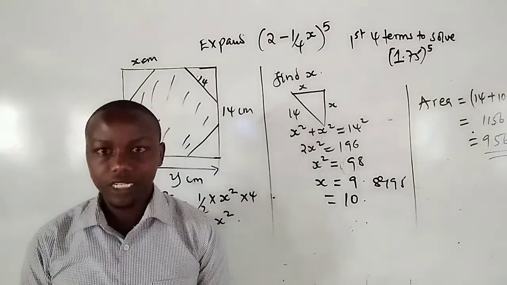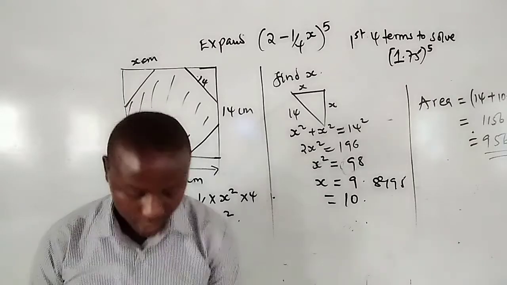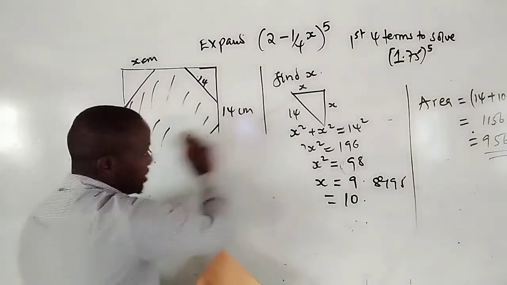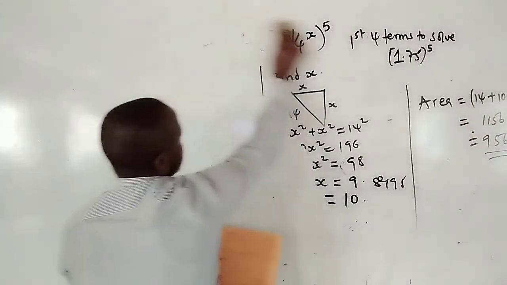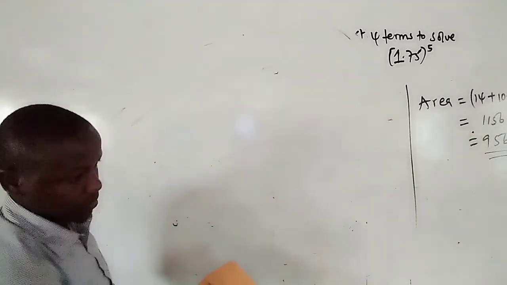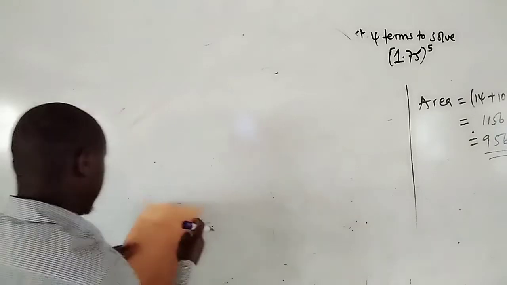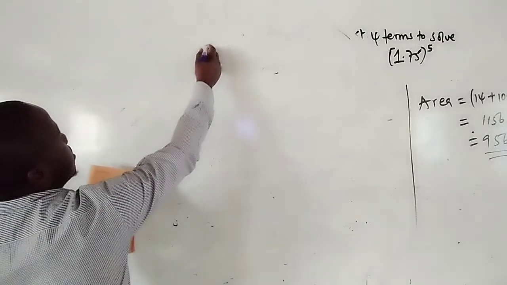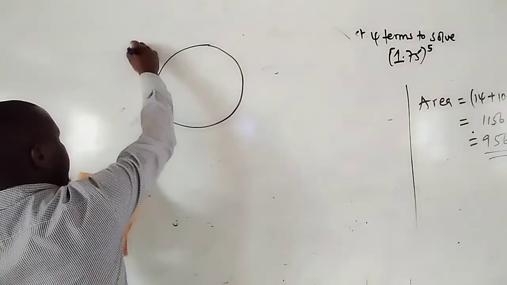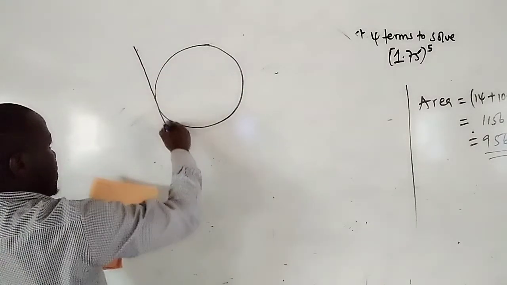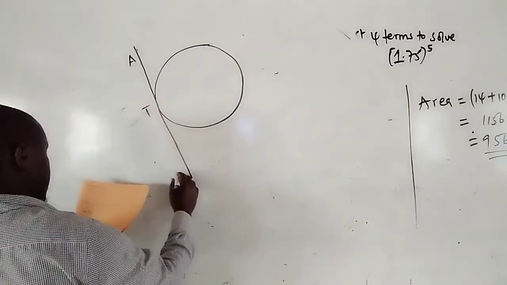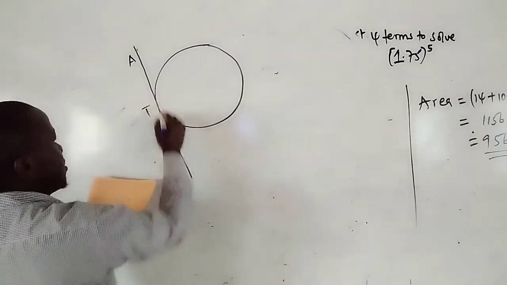The other question, number 15, is on circle, chords and tangents. We have a circle here, and we are told that B is a tangent.